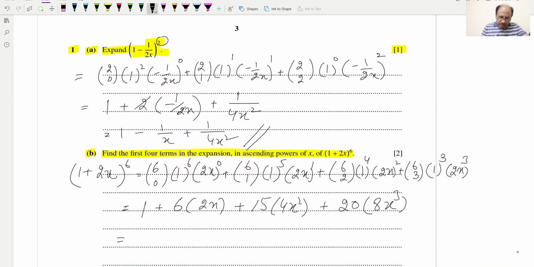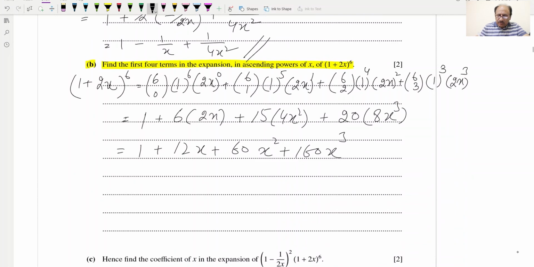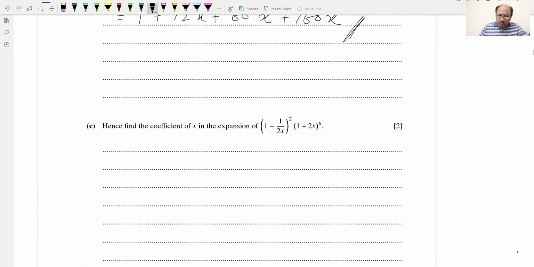Now we can rewrite it as 1 plus 12x plus 15 into 4, which is 60x squared, plus 160x cubed, and this will be our final answer for this question, which is 2 marks.